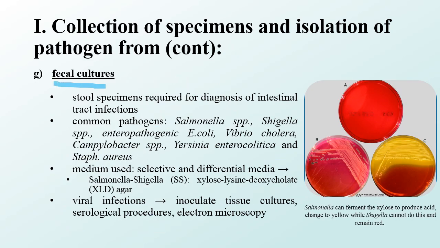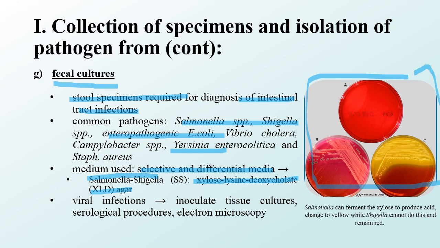Okay, next is the fecal cultures. Stool specimens are required for fecal cultures, and usually fecal cultures are used for the diagnosis of intestinal tract infections. The common pathogens are Salmonella, Shigella, enteropathogenic E. coli, and so on. The media used are often selective and differential media, for example, xylose lysine deoxycholate agar. This media can differentiate between Salmonella and Shigella. Please look at this figure.